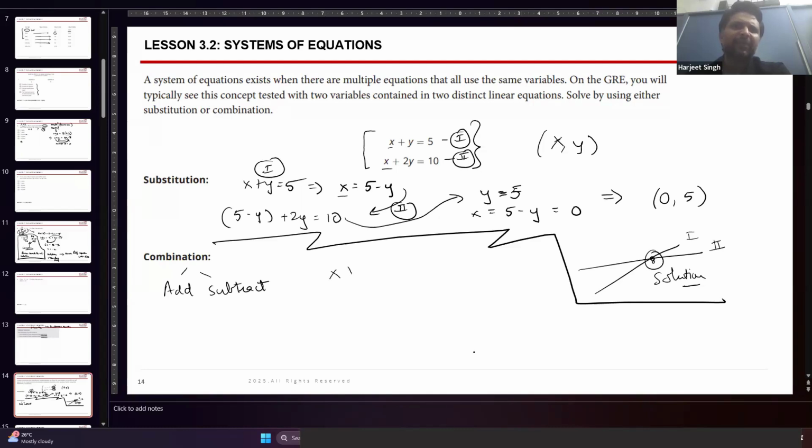So I can write x plus 2y equal to 10 as the second equation, and the first equation as x plus y equal to 5. I can subtract these two equations, and I end up getting y equal to 5. And if y is 5, I'll substitute back in 2 in 1, and I get x equal to 0.